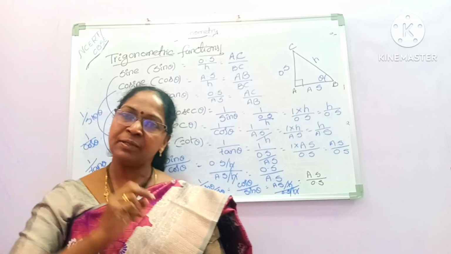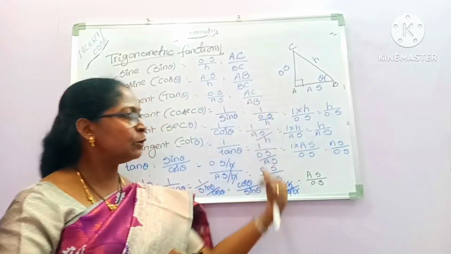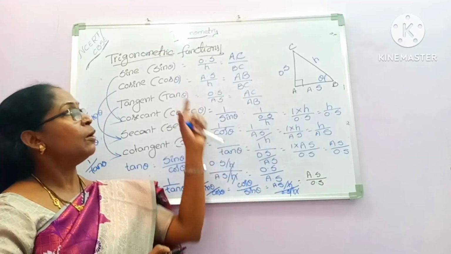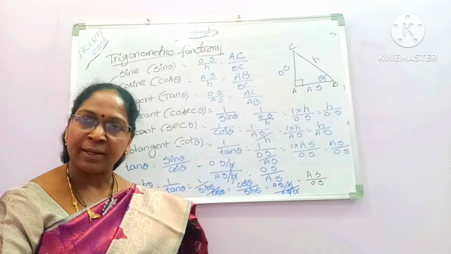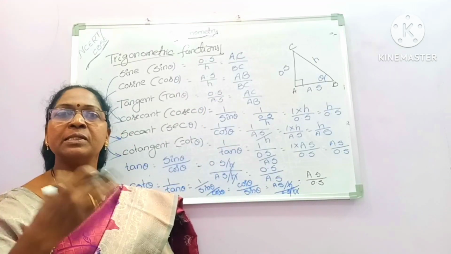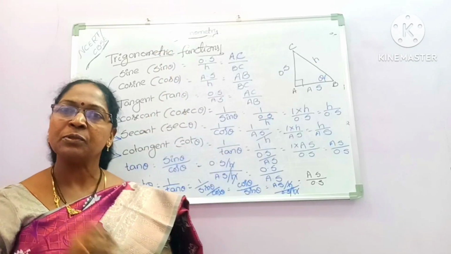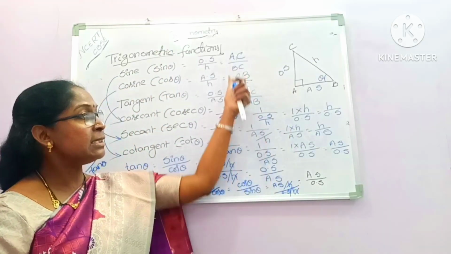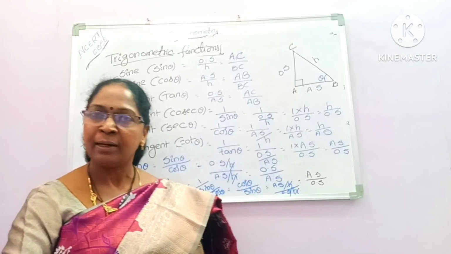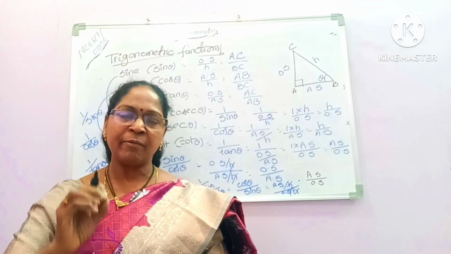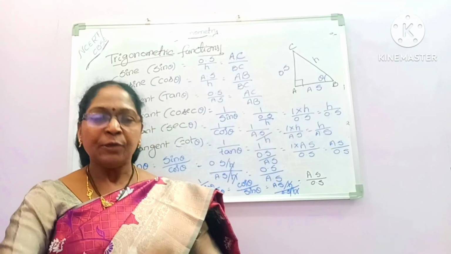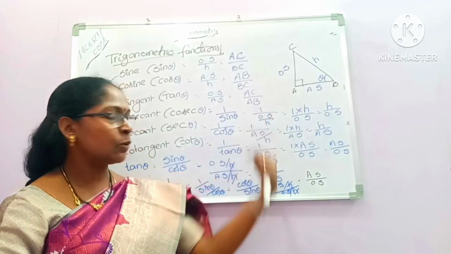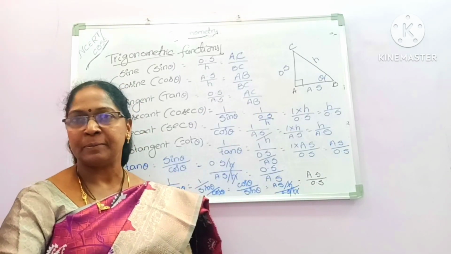From the result of those trigonometric ratios, we get the trigonometric functions. So those 6 trigonometric functions, what are those? I already explained. These 6 are the trigonometric functions. These 6 are very, very, very important. Use those formulas only; we have to solve the problems.